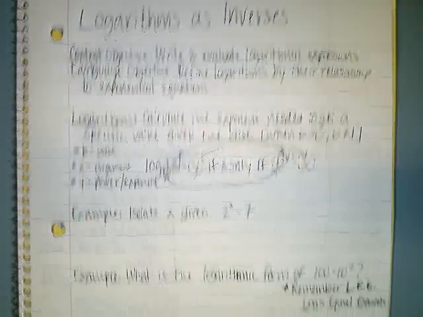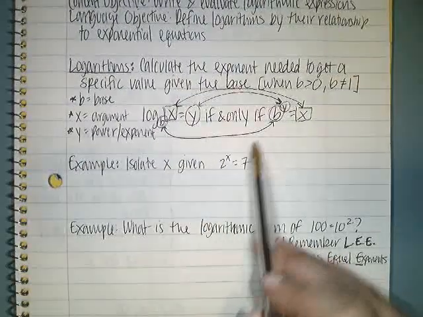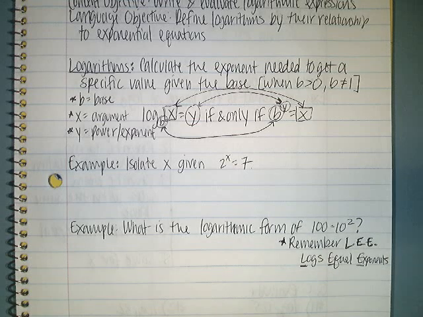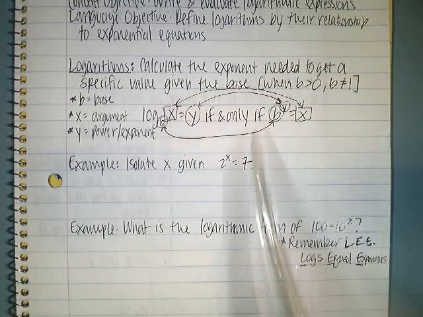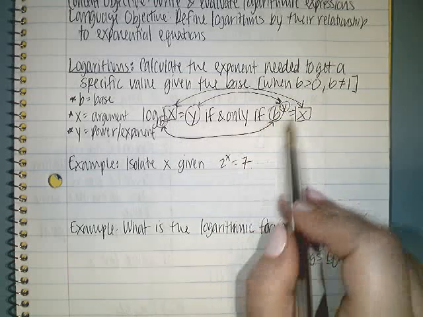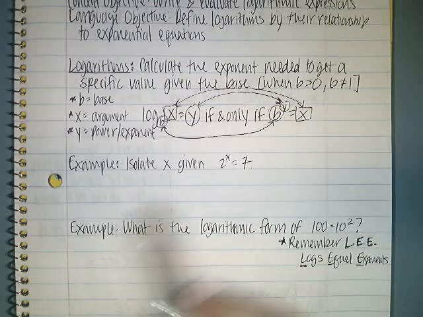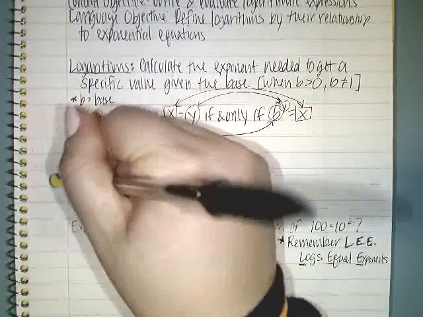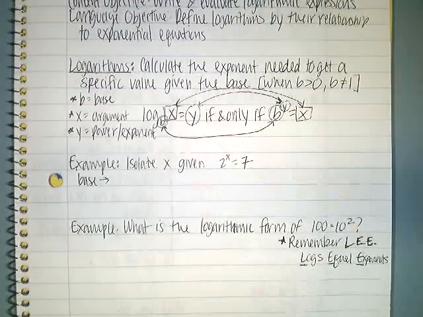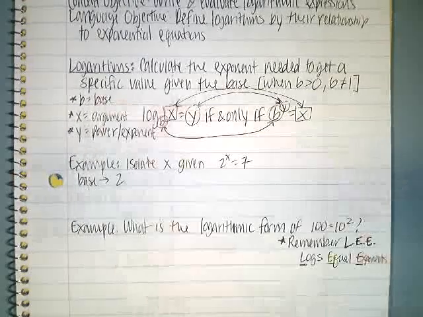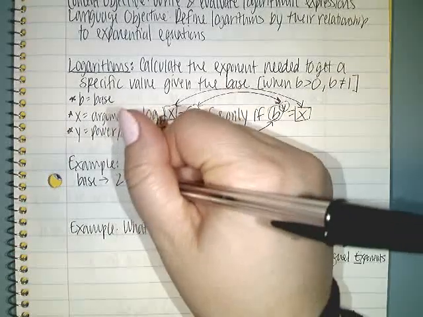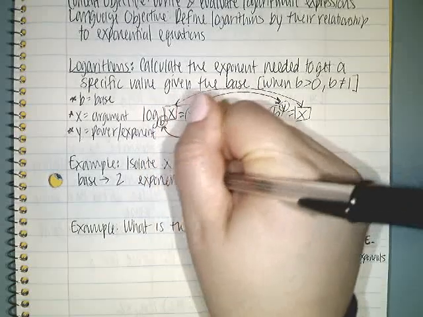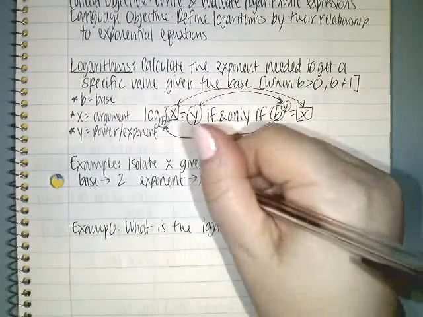As I mentioned before, you can do things like calculate x if you were trying to figure out 2 to the x equals 7. The way I'm going to do that is rearrange my exponential equation into a logarithmic equation. That's how I'm going to isolate my variable in my exponent. I'm going to do that by determining my base. My base here is 2. My exponent is x.